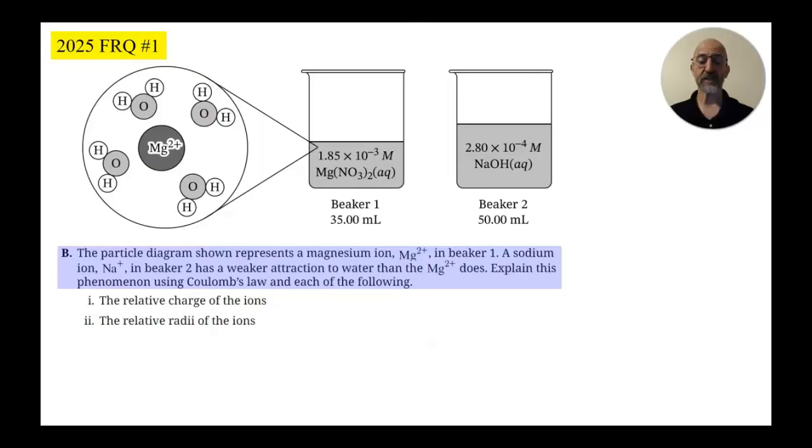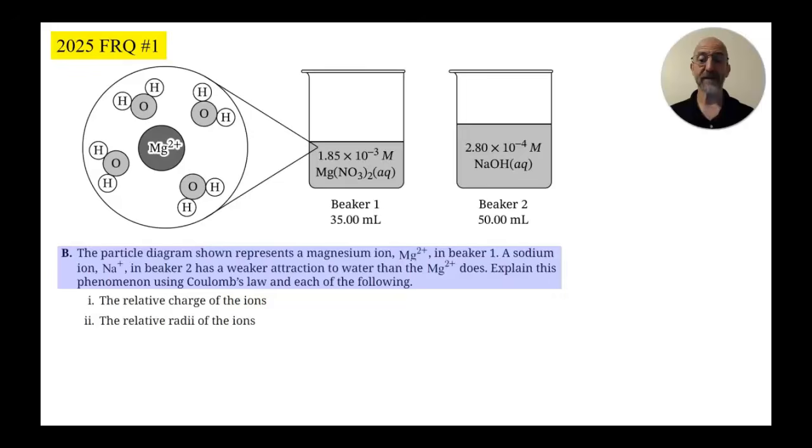So in this question, it says the particle diagram shown represents a magnesium ion in beaker 1. A sodium ion in beaker 2 has a weaker attraction to water than the magnesium ion does. Explain this phenomenon using Coulomb's law and each of the following. Now notice that we're not making a prediction about which ion has a stronger or a weaker attraction to water.